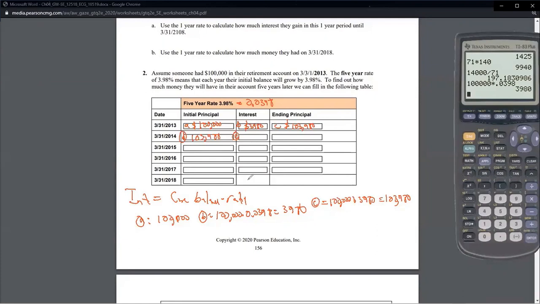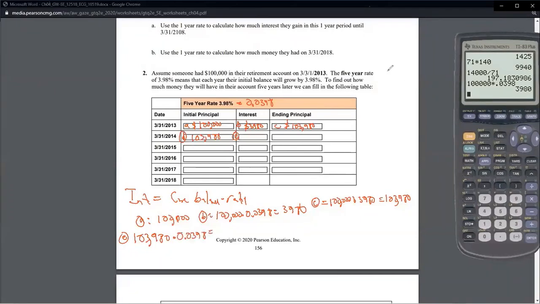And as we progress through these, we're going to notice there's going to be decimal places. Let's just keep our money rounded to the nearest cent because that's how we round money, generally speaking, unless told otherwise. So for block E, we're going to take not $100,000, it's the current balance. We have $103,980 times our interest rate of 0.0398.